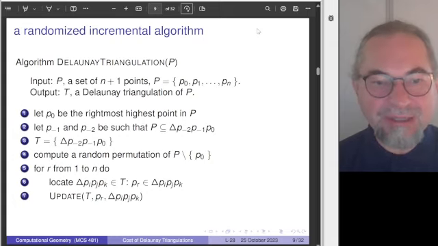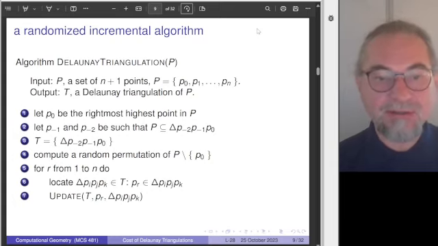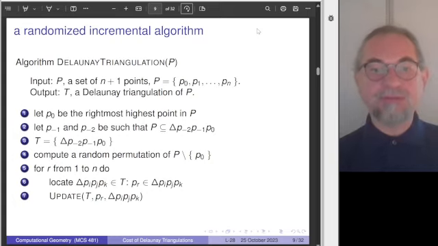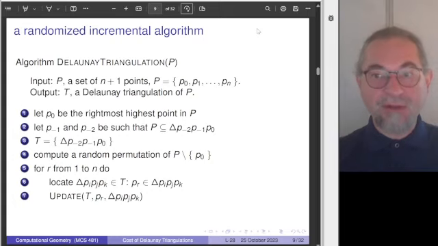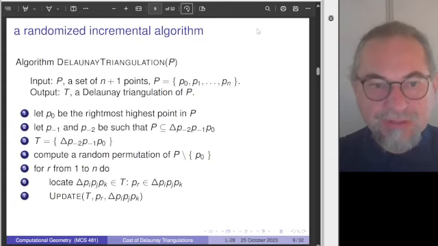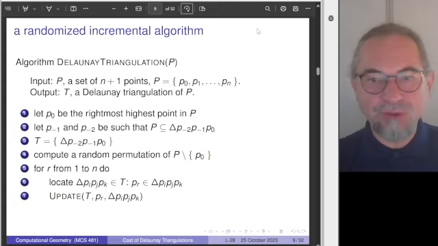So we have an initial triangle, and then we run over all the points. We locate the triangle that contains the next point, and then we update. Our first triangle is large enough to contain all given points, so we add two more points, p_-1 and p_-2, so that we have this property.